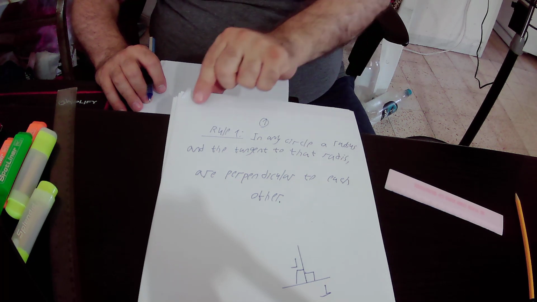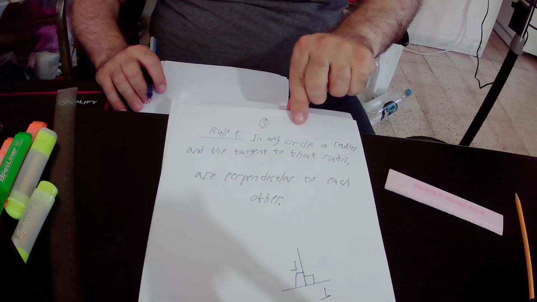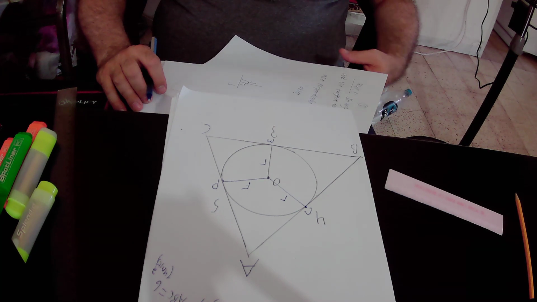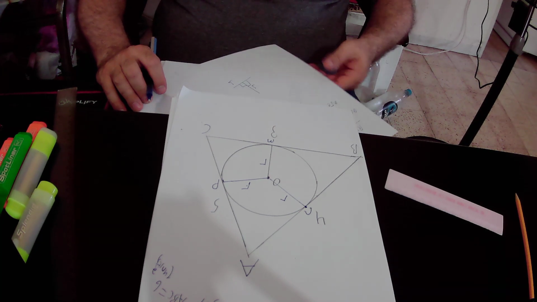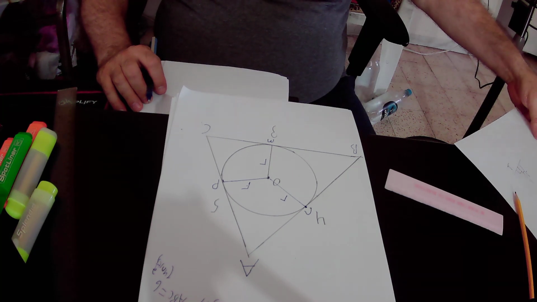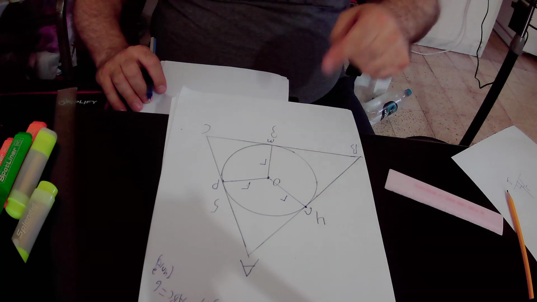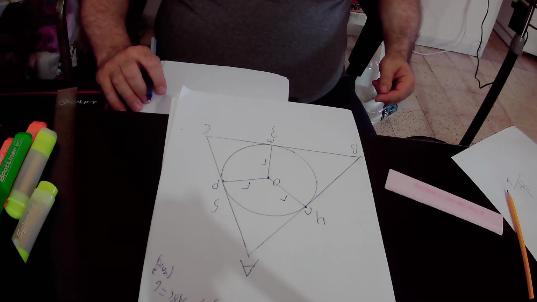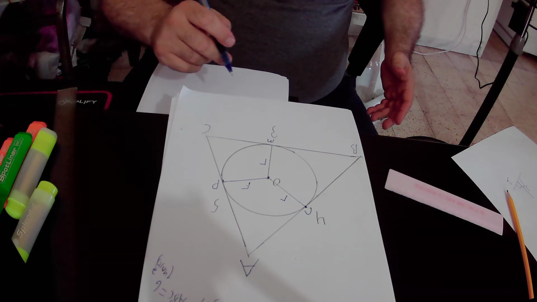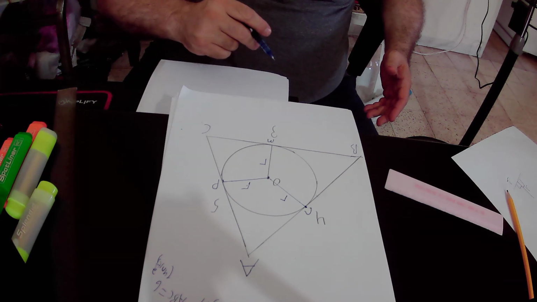So actually we can implement this rule in our drawing, because we have here 3 radiuses of the circle, and we have 3 tangents to those radiuses.